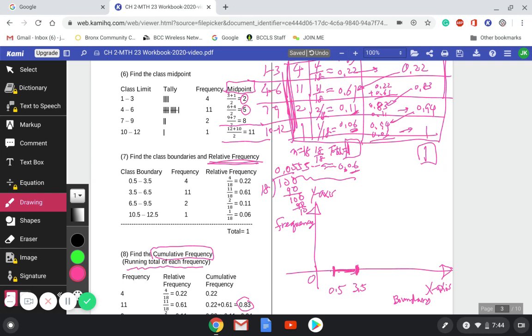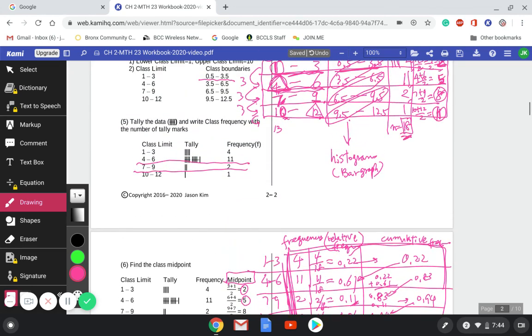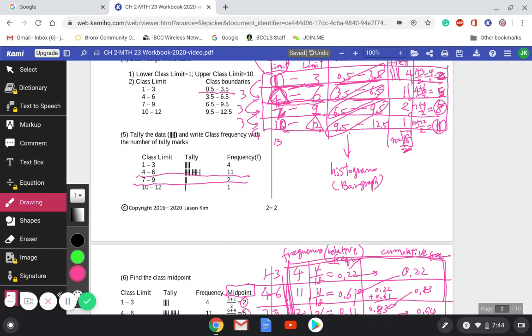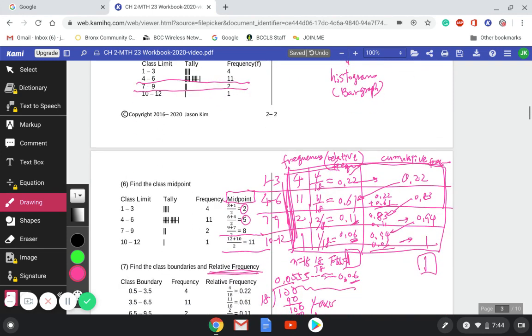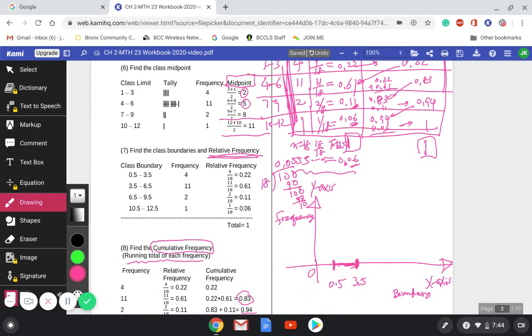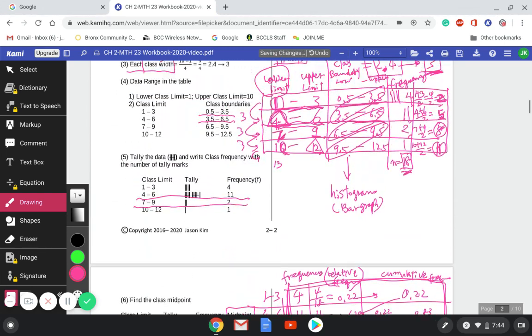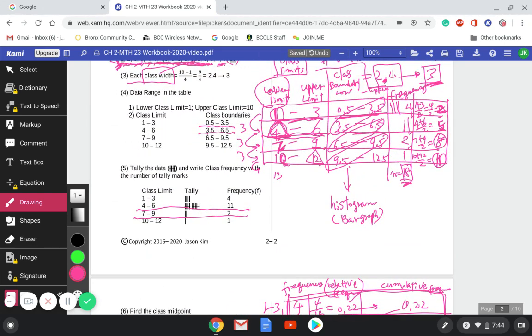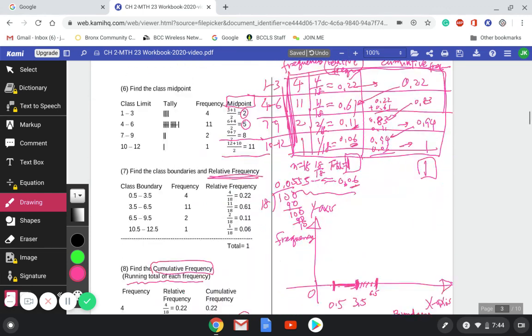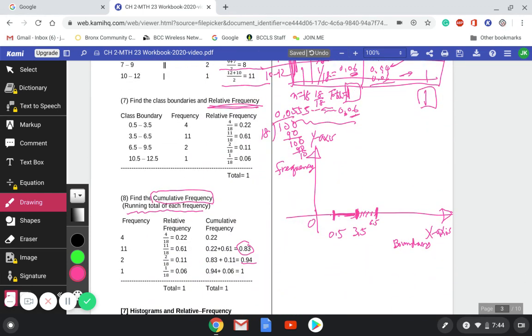And the second one is 3.5 to 6.5. So starting from here, 3.5 to the next one, 6.5. And the third one was 6.5 to 9.5.